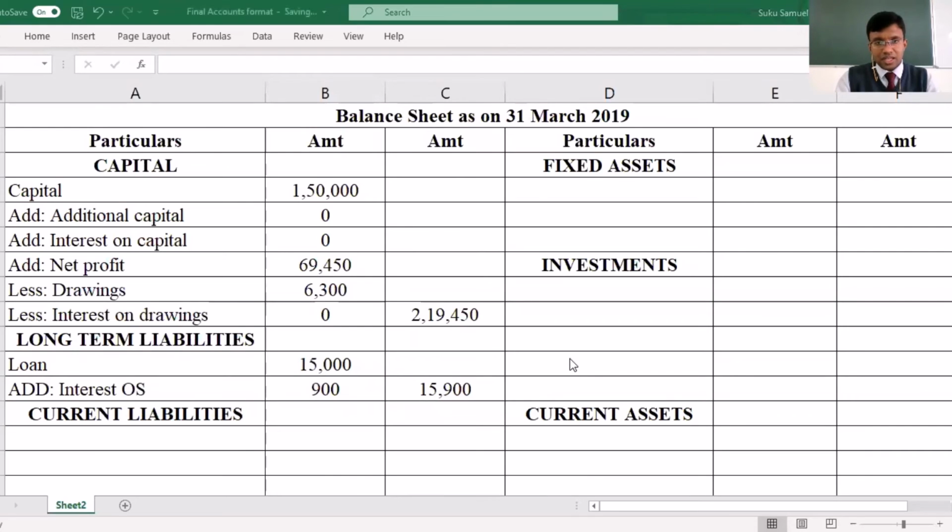Now we will have to consider all your current liabilities. So let us consider the current liabilities one by one. We have creditors. The total amount is 18,670.